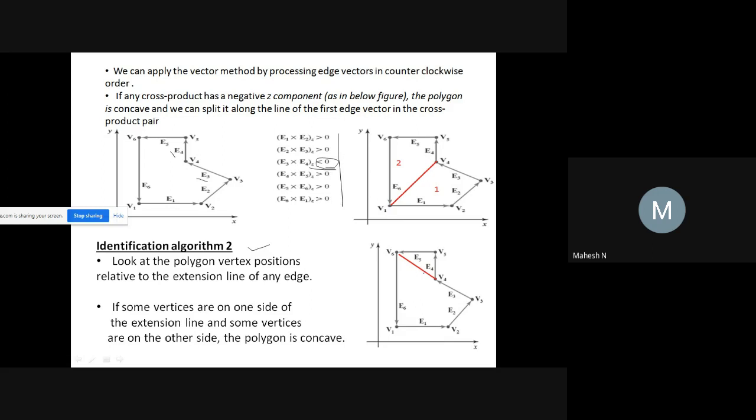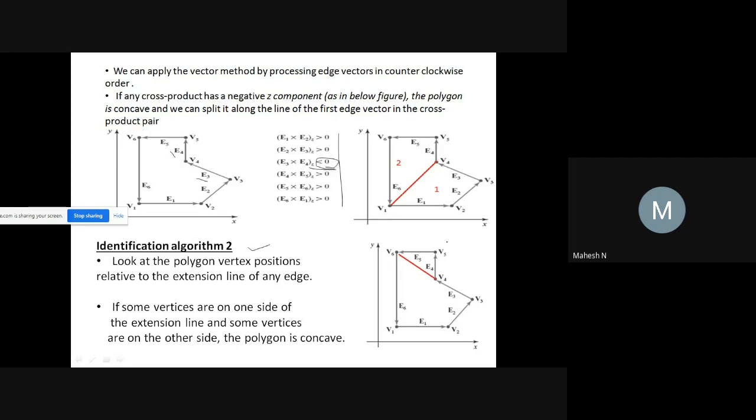If all the vertices are towards one side of the extended edge, then I will say that is a convex polygon. When I extend this E3 edge, I find that V2, V3, V6 are on one side and V5 is on another side of the extended edge. So I come to the conclusion that this is a concave polygon.